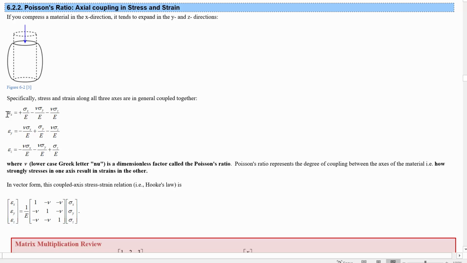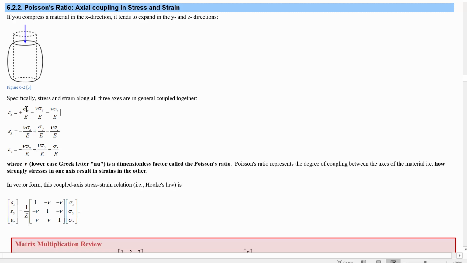So the x strain is not just the axial stress in the x direction over the Young's modulus. It turns out that you can also get x strain by compressing it in y. Let's say you have a negative y stress. You push it together in the y direction, then it could also expand in x. So that means we have the opposite relation for y to x compared to x to x.